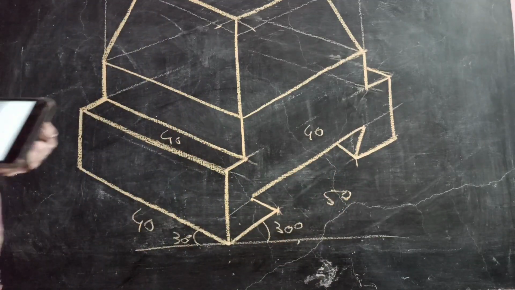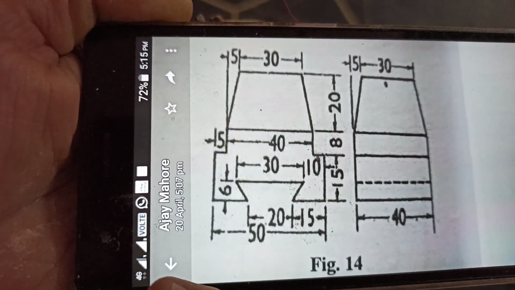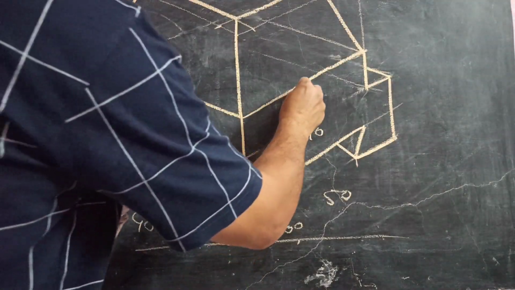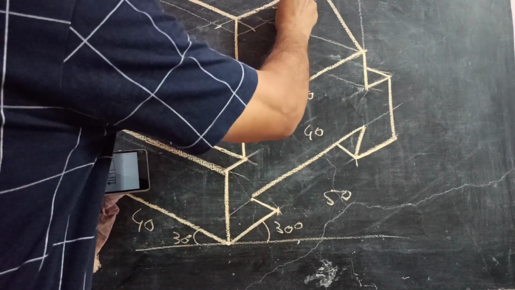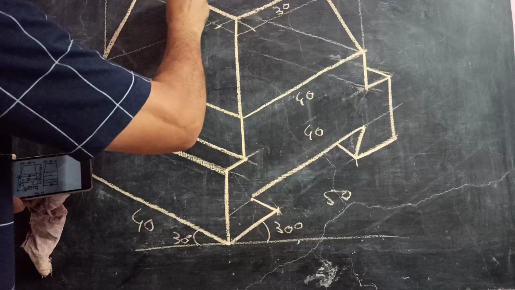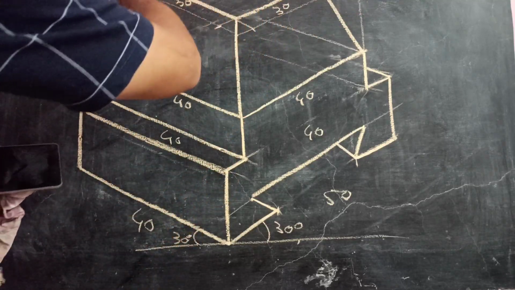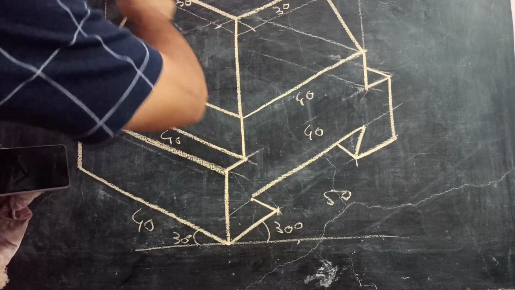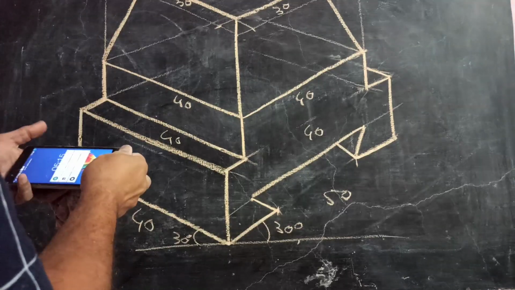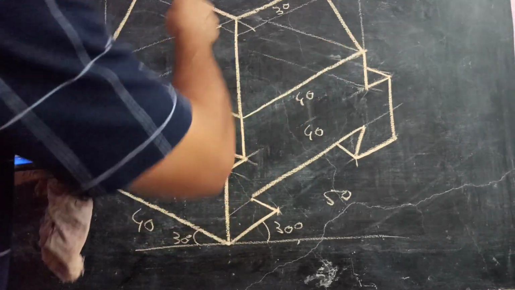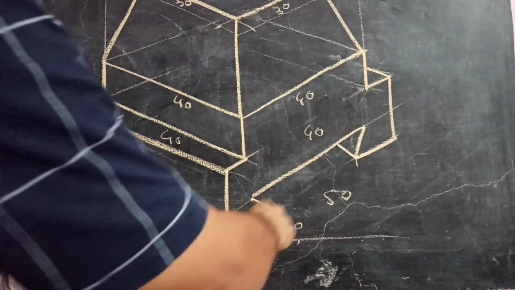So this is the solution for this one, where you can find this base is 40 by 40, this top is 30 by 30. So all these corners are to be extended by 40 by 40, and then 5 mm from all this side you can draw this rhombus and make it dark. Join that rhombus with these corners, you will get the top 30 by 30. Then there is a dovetail slot here.